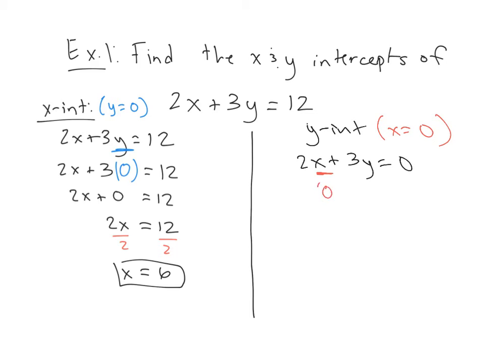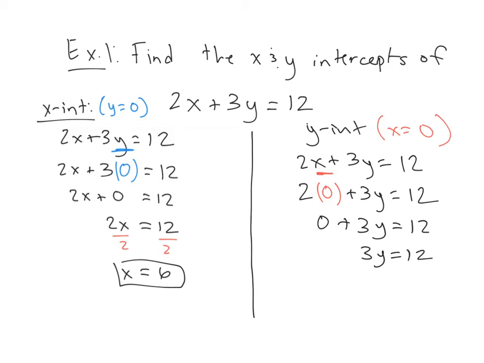So I'll put my 0 in for x. I'm left with 2 times 0 plus 3y equals 12. I'm not sure why I wrote down 0 there. And of course, 2 times 0 just makes 0. So I'm going to be left with 3y equals 12.